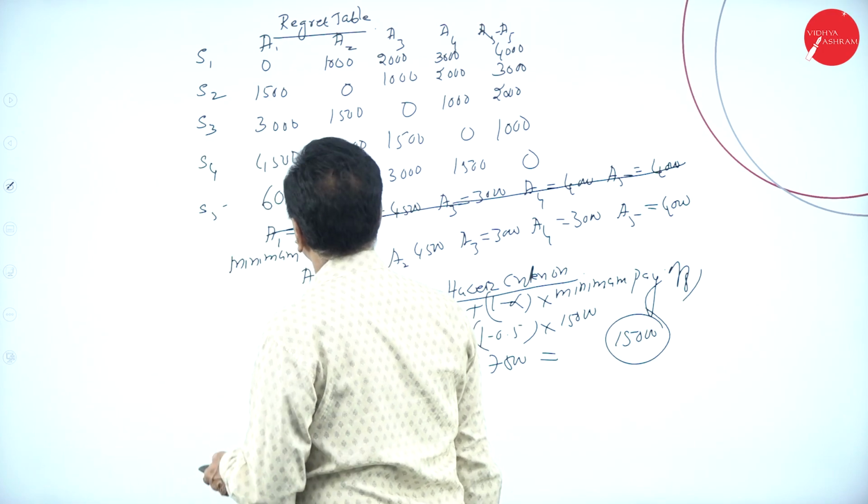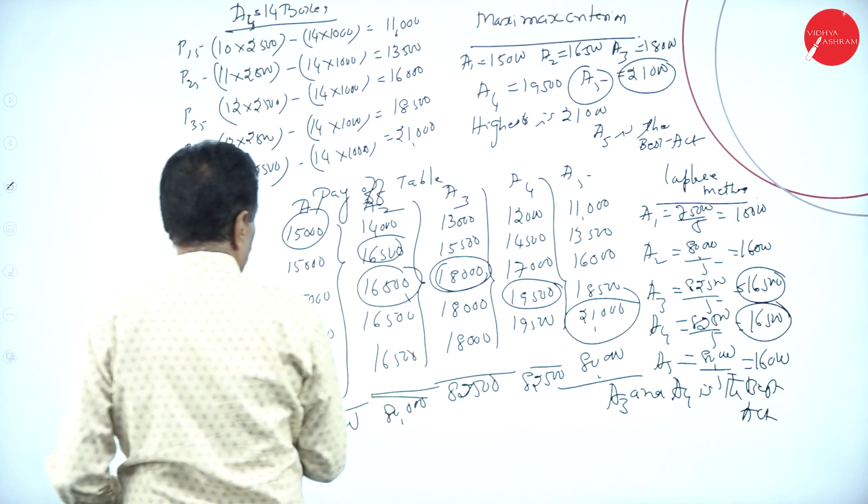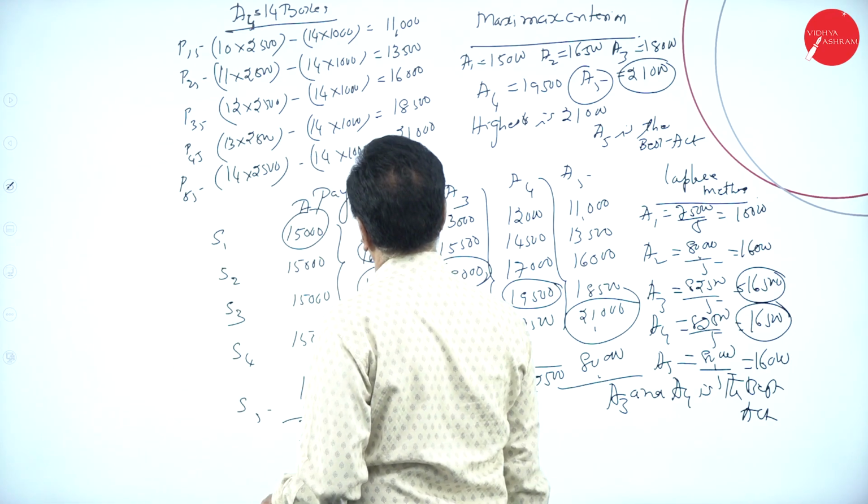Number two, payoff table. Which is the highest one? 16,500. Which is the minimum? 14,000.